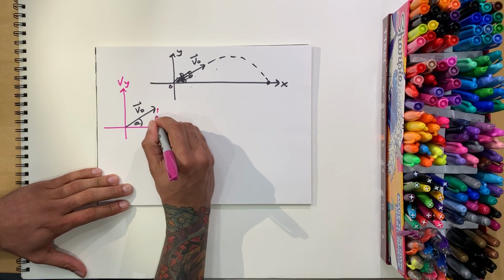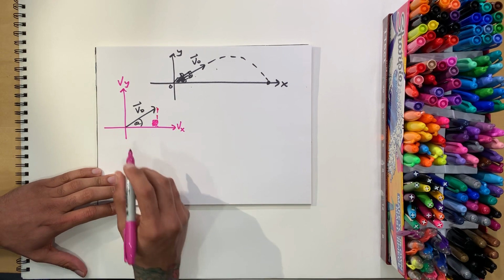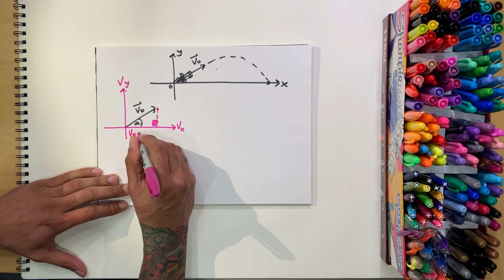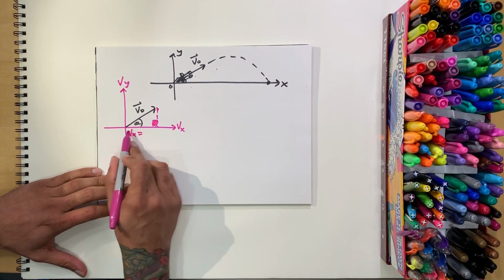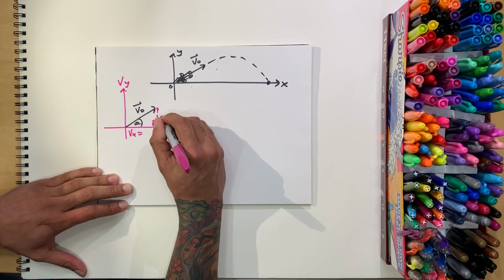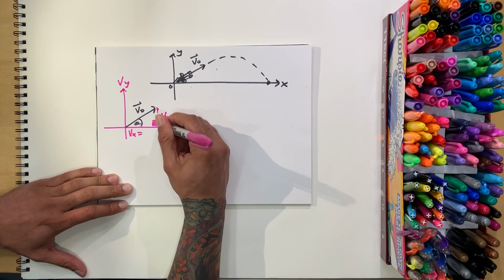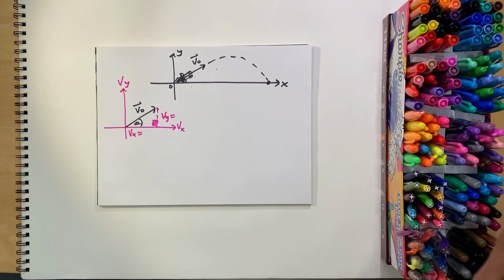So I'm going to do a dotted line here. Right, this is a 90-degree angle. And remember that this is vx, this vector that's going to go along here, and up here is going to be vy, whatever vector is going to go along there.